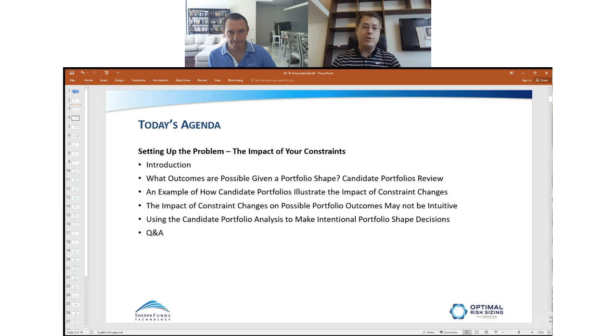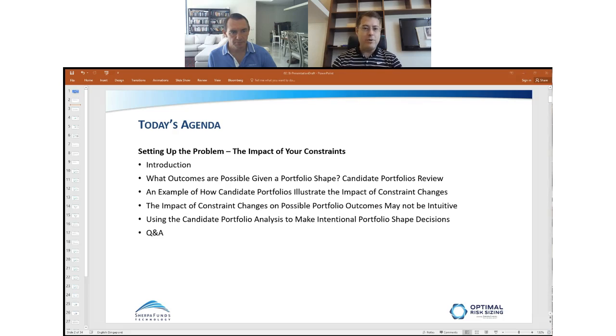But fundamentally, it's a tool we can use to talk about the outcomes that are possible from a given portfolio definition. We'll use it to show, both visually and numerically, the impact of changing different parts of your portfolio shape definition, so different line item constraints.